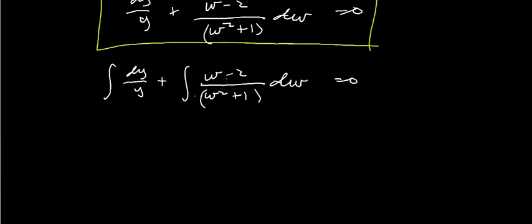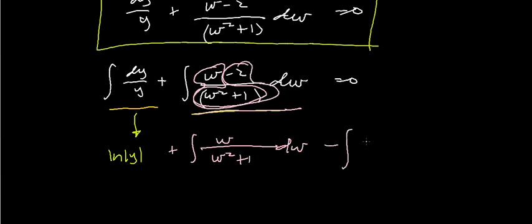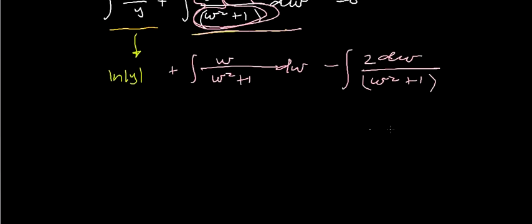So for this one we have ln of y, but for this one we can simplify this by having w over (w squared + 1) minus the integral of 2 over (w squared + 1).